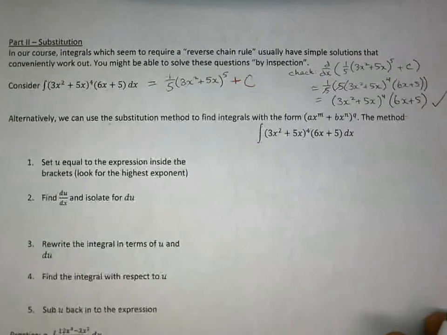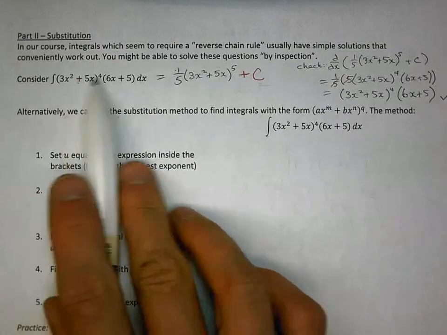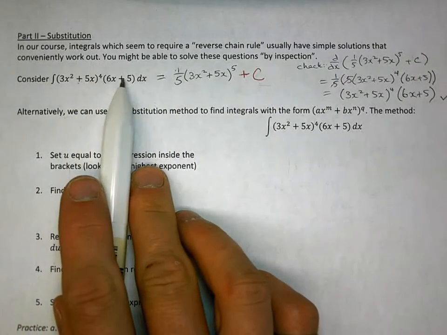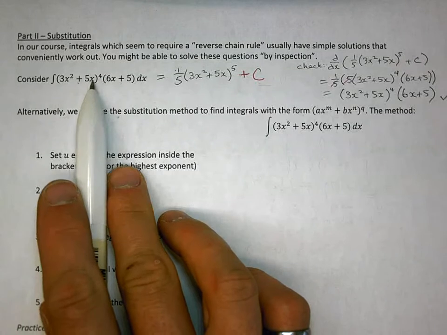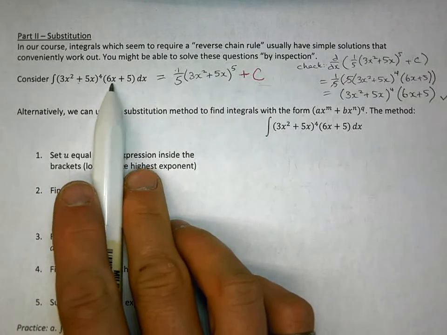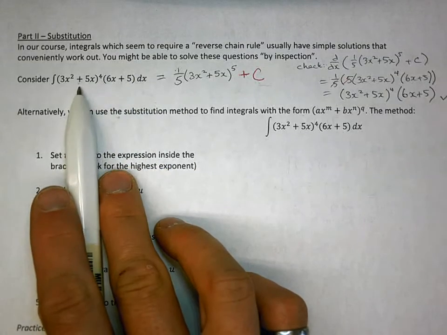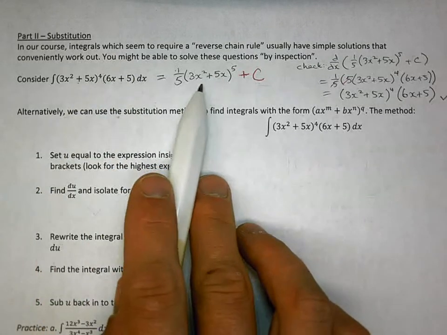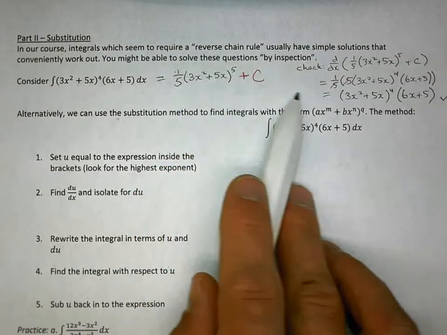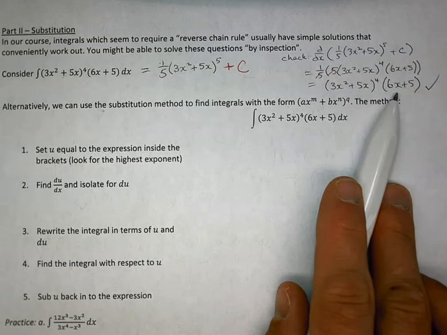So with these more difficult questions, where you have these two expressions, it will always be a reverse chain rule, where very conveniently this bracket is the derivative of this, so that it works out perfectly. If I take the derivative of this, it leads me perfectly to that expression, 6x plus 5.